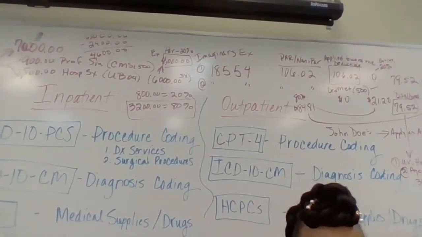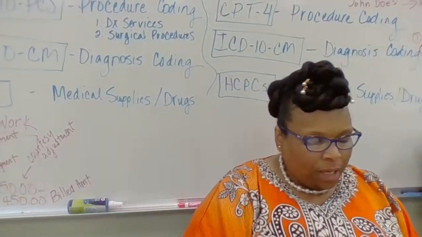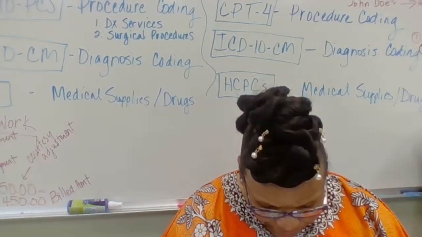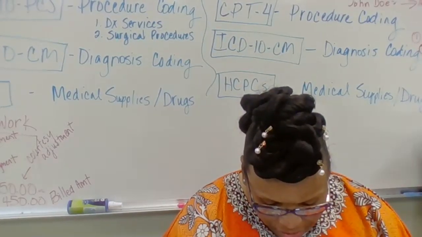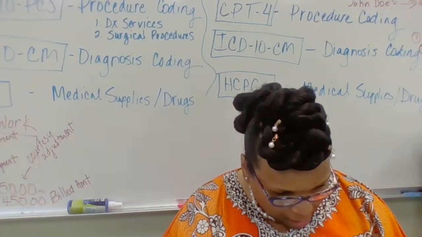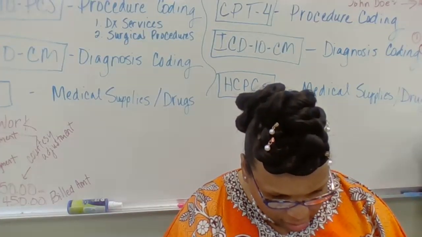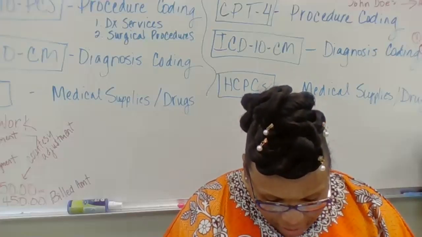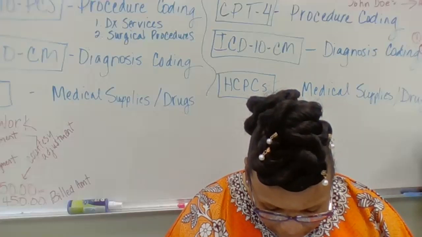I already said it. All right. Now, look at this. Ellen Smith is the doctor. John Doe is the patient. Patient number is usually the medical record number. That's at the bottom of the CMS 1500 form where it says patient number, that's the patient's medical record number. Patient account, patient, blah, blah, blah.